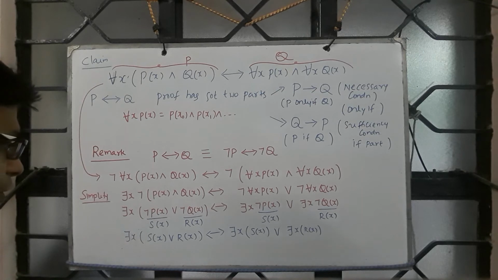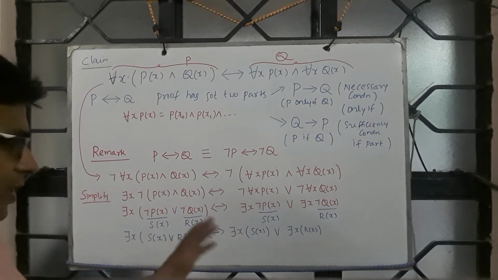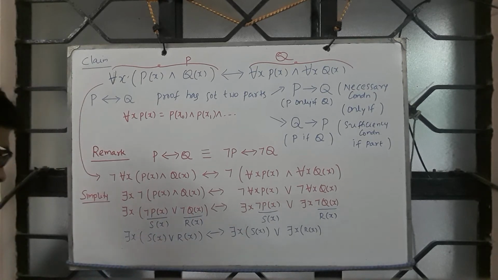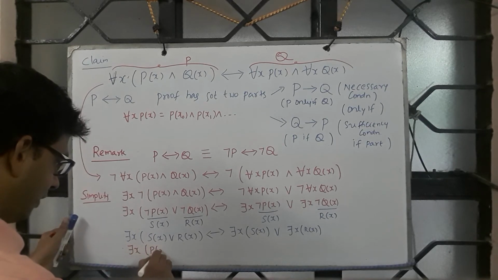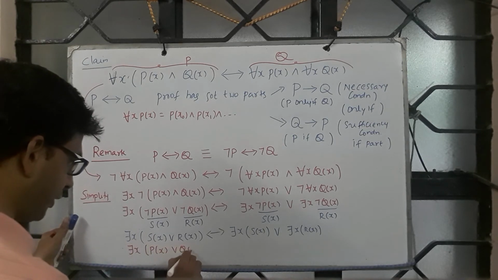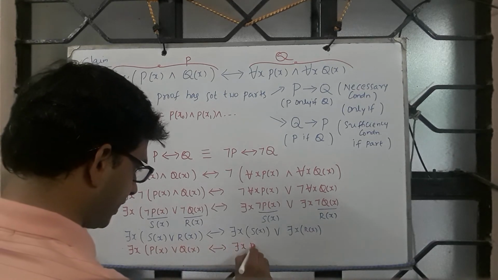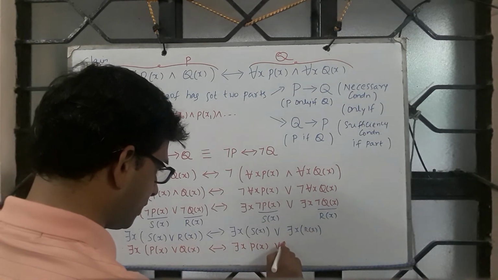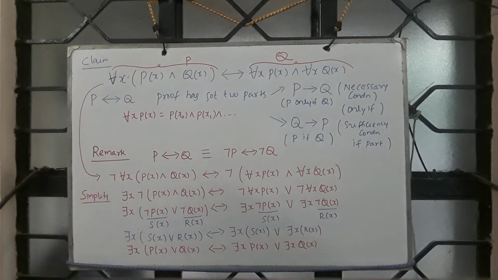So this shows that, and S and R are some predicate. It could even be P, Q and so on. So this also means there exists x, p of x or q of x biconditional there exists x p of x or there exists x q of x.